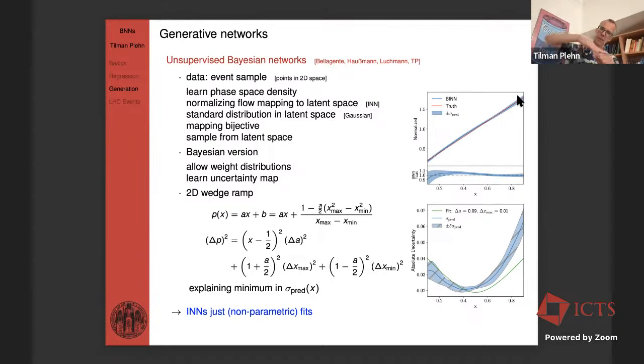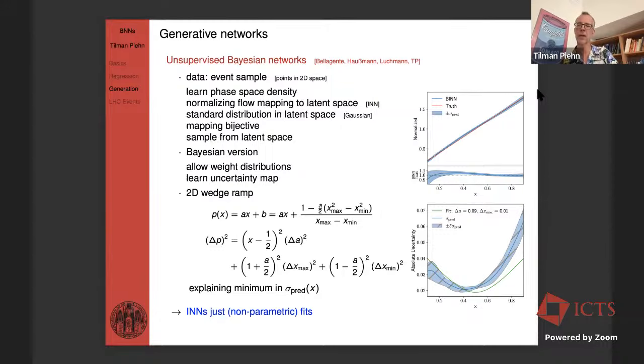So, okay, I have this ramp, and now I can ask, how does the uncertainty look on that density as that density is estimated? First I check, is the rough order of magnitude of this uncertainty correct? And you see here, the blue band is the uncertainty on the density that I get.